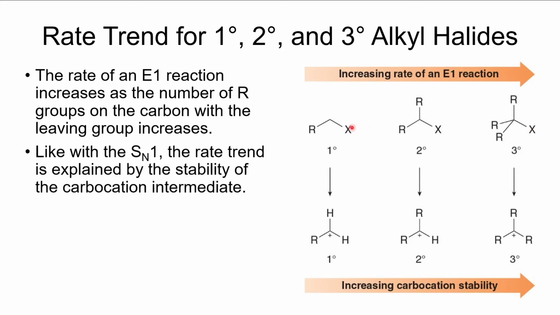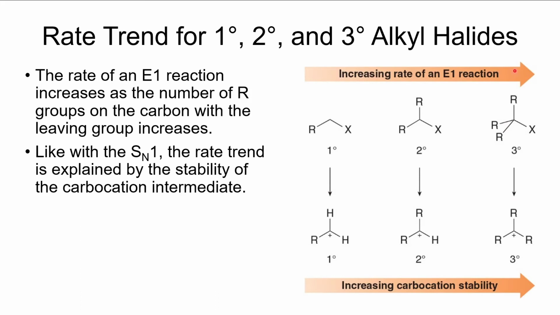The reason for this and the explanation for this is that the product of the first step, that intermediate, is a carbocation. And the more stable that carbocation is, the lower in energy our transition state will be. And the lower in energy the transition state is, the faster the reaction.